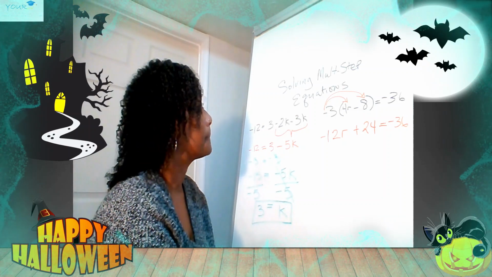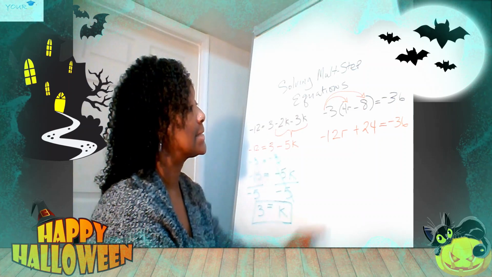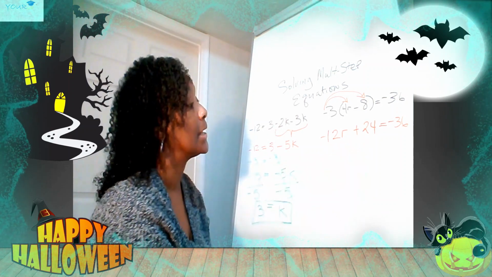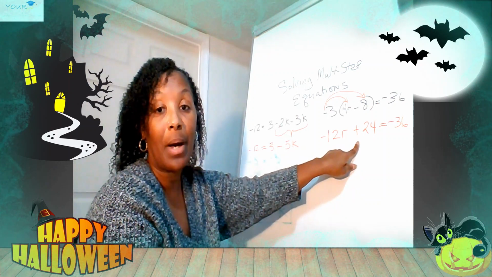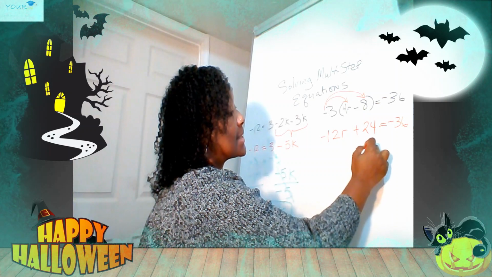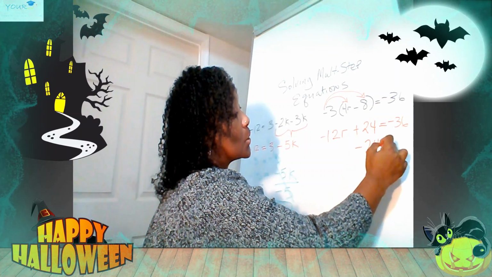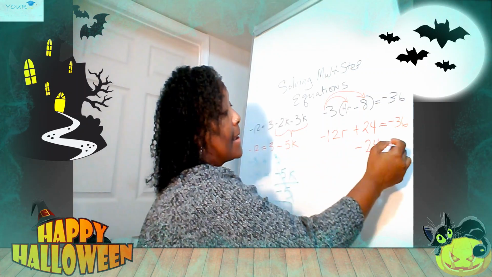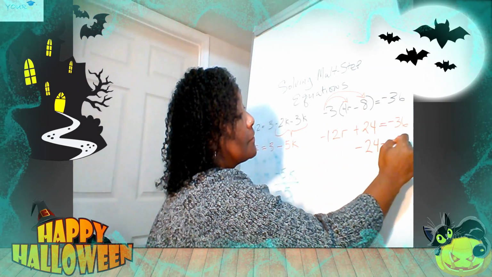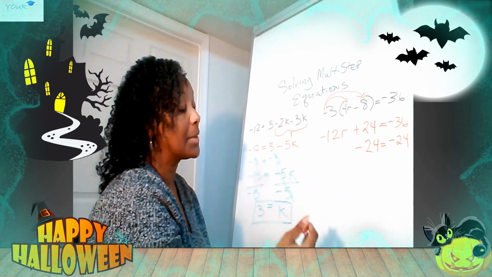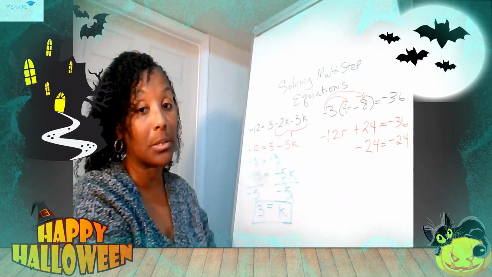Now that I've gotten rid of my parentheses, I'm ready to solve for my value of r. To do that, I know that I need to get rid of my 24. I have a positive 24 here. In order to get rid of my positive 24, I'm going to subtract, because that's going to allow me to cancel out my positive 24. And I'm going to subtract 24 on the opposite side of the equation as well, because what I do on one side, I must also do on the other side.